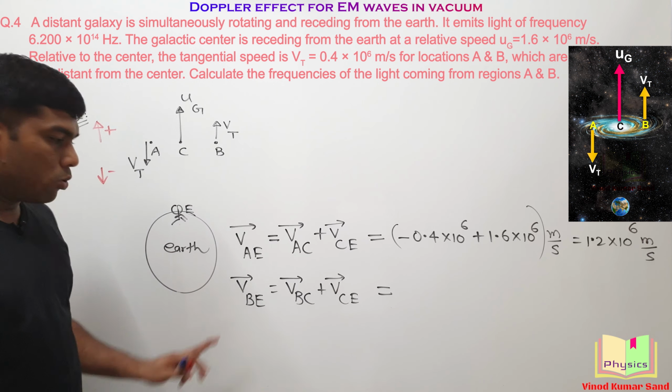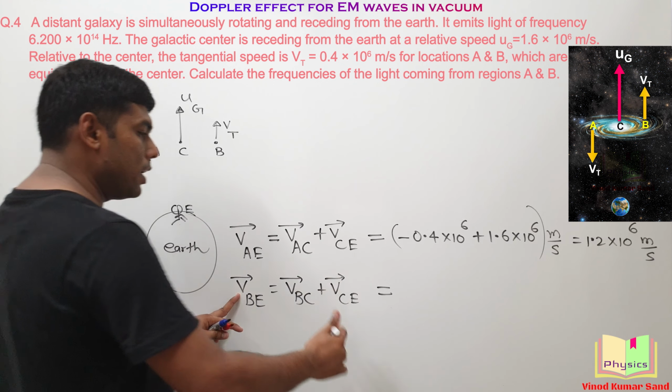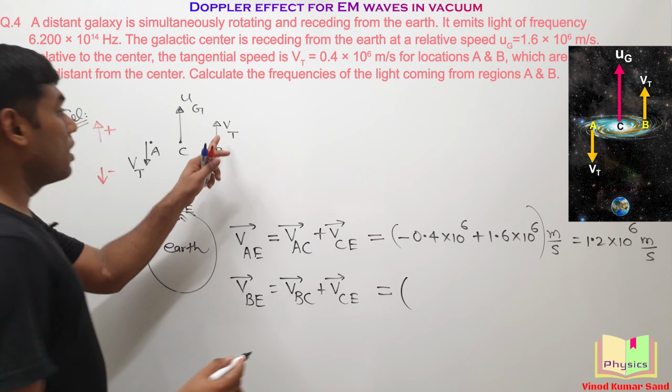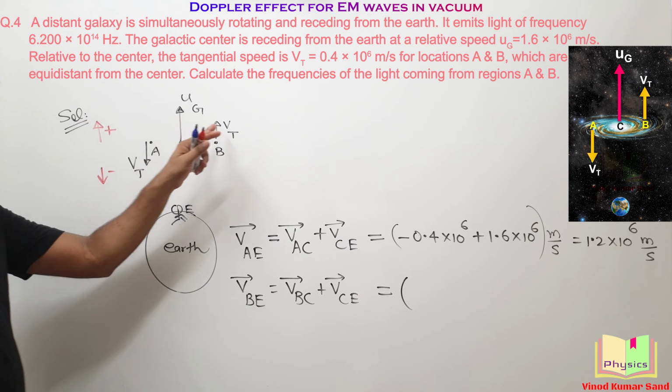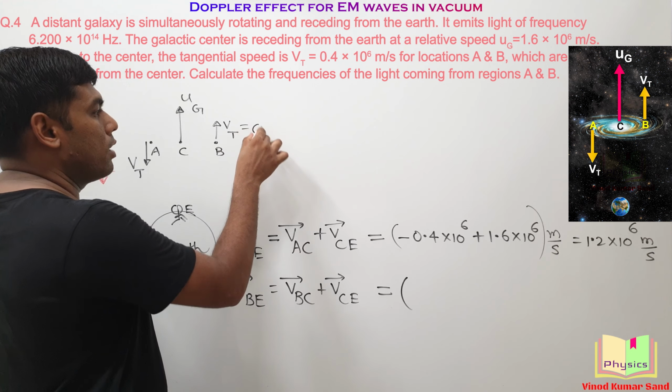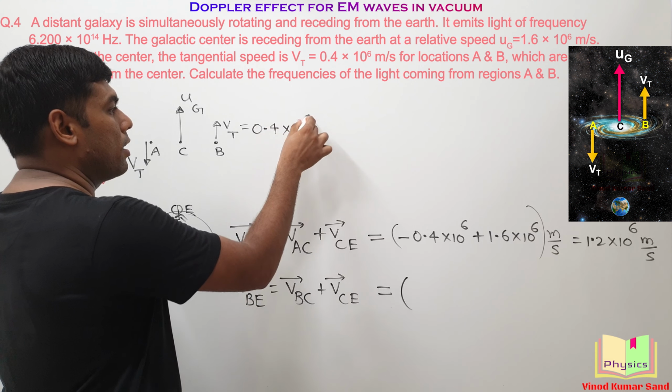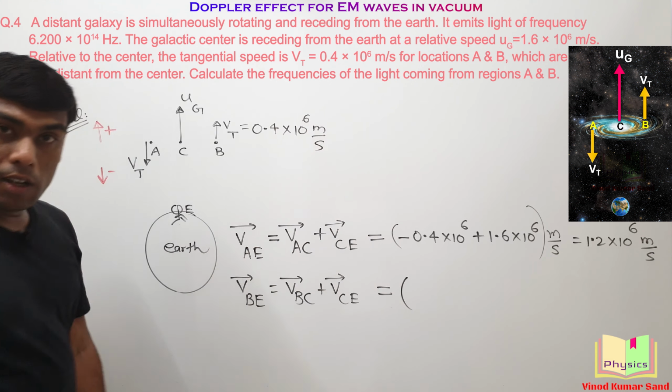Similar computation we do for VBE. It is in positive sense. So the data of VBC is known to us. It was 0.4 into 10 to power 6 meter per second.